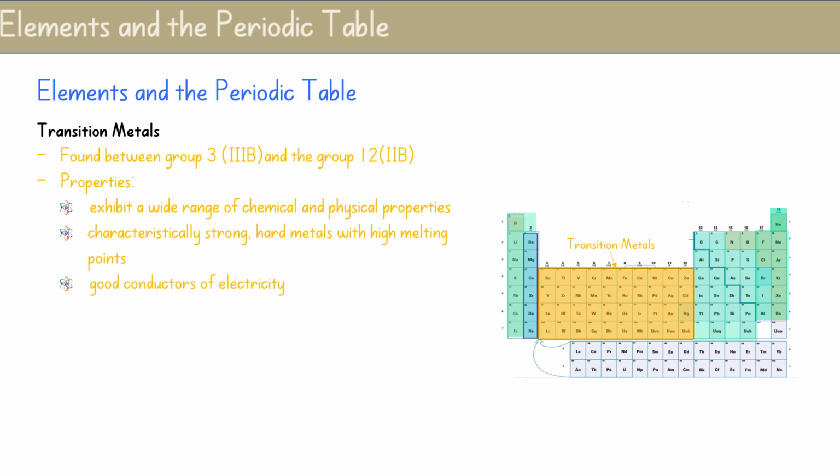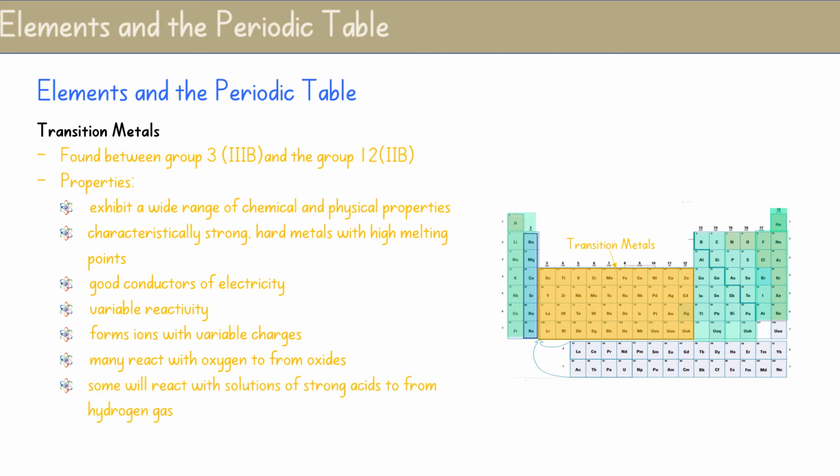They're good conductors of electricity. They have variable reactivity. They form ions with variable charges. They may react with oxygen to form oxides. Some will react with solutions of strong acids to form hydrogen gas.